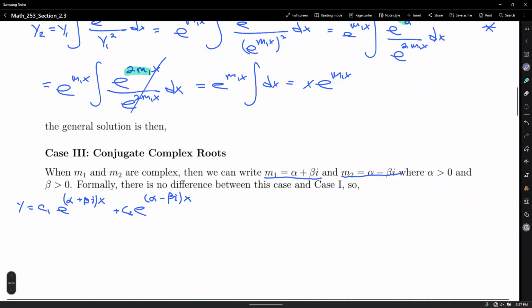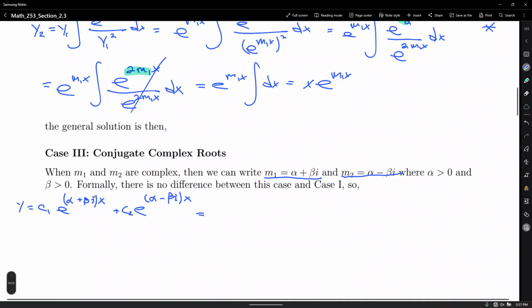However, we're going to do a little bit of algebra here to turn these imaginaries in terms of trigonometric functions. Okay, what's the sorcery here? Well, let's see.